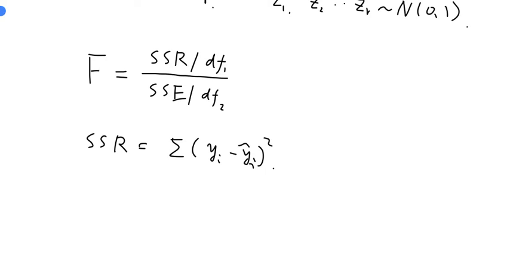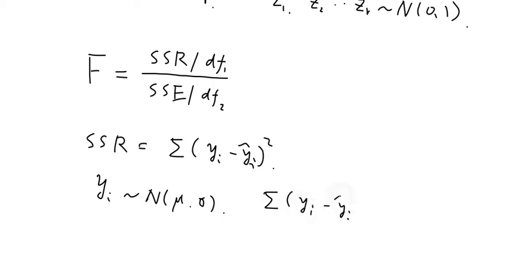If yi follows normal, then yi minus yi hat, those things are just like a normal squared.